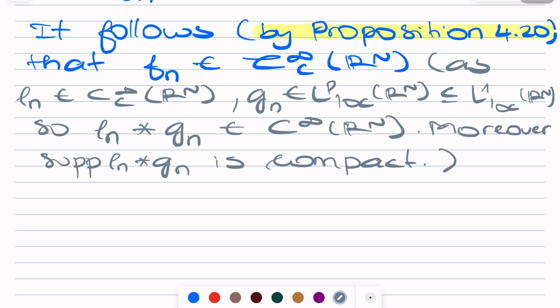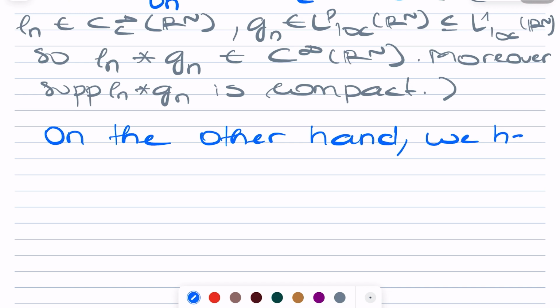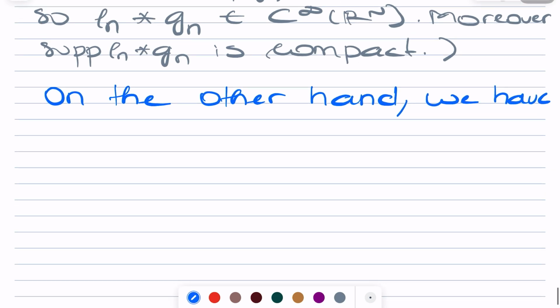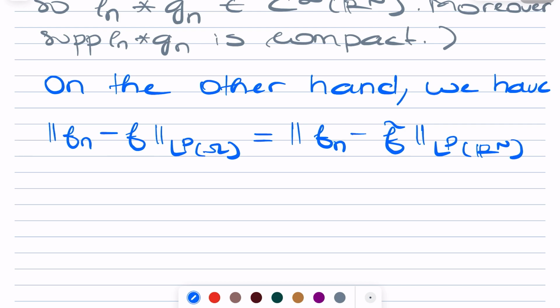Okay, so on the other hand, we have the norm of Fn minus F in Lp of omega. This is exactly the norm of Fn minus F tilde in Lp of Rn, because F tilde is just 0 for all the elements that are not in omega.